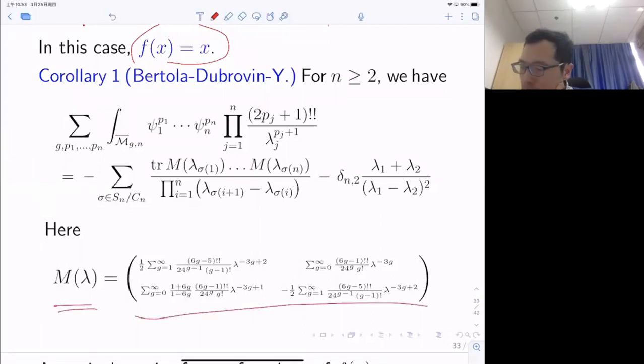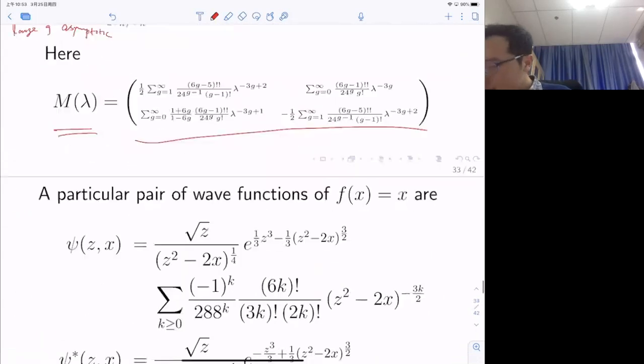Since it's a summation over g, it's an all genera formula, and because of this, one can consider certain large genus asymptotics of intersection numbers of certain type.